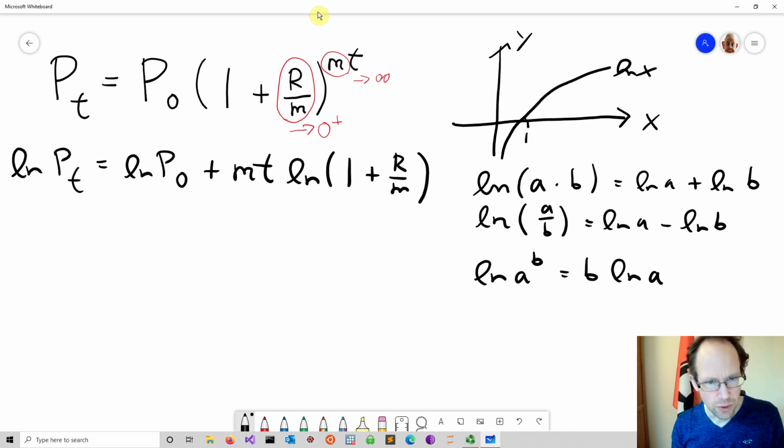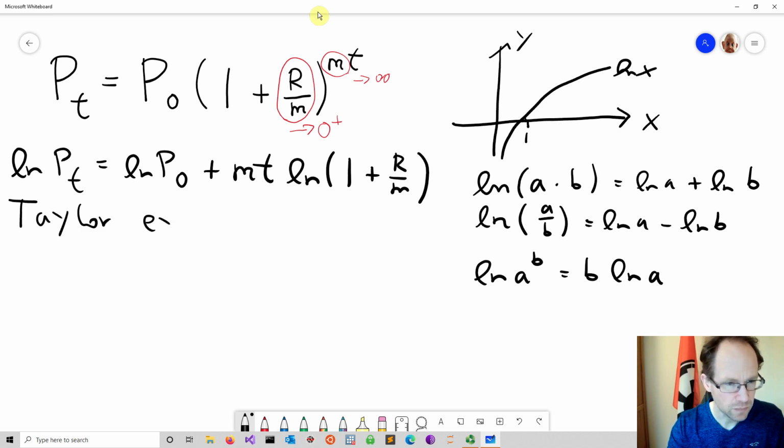And what I will now use is called the Taylor expansion or the Taylor series, which you might have covered before. Let me just write it down here. So this is the Taylor expansion. Now the Taylor expansion is a very useful approximation.